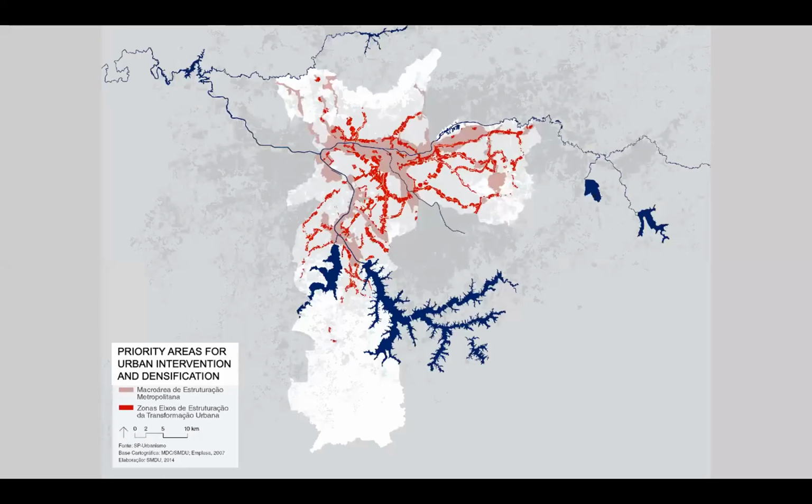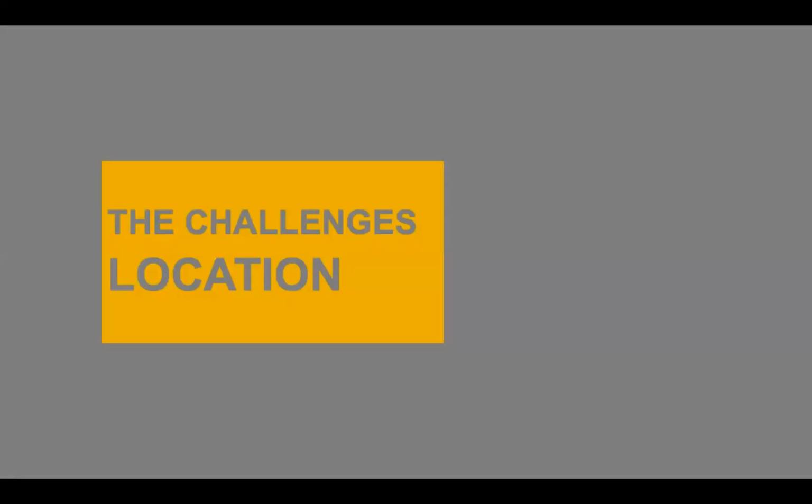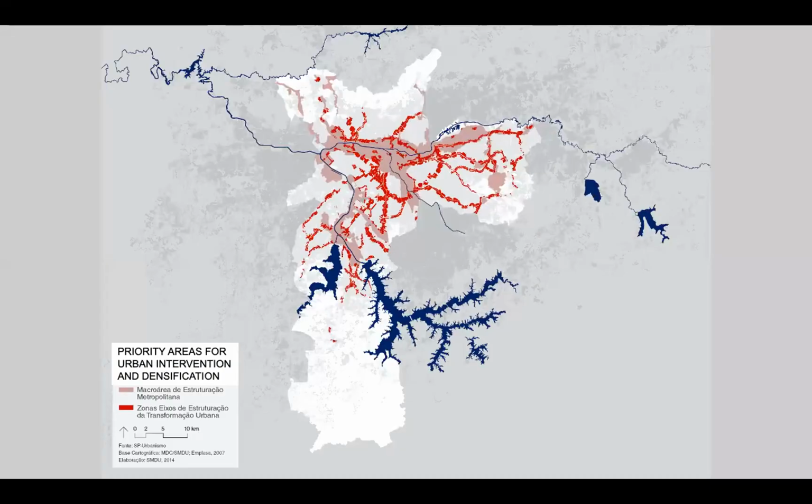I wanted to focus on the challenge of location, among the five challenges that you proposed for us to discuss. And I think São Paulo has faced this challenge very well till now. Our program began to be implemented in 2001, so it has almost 20 years.